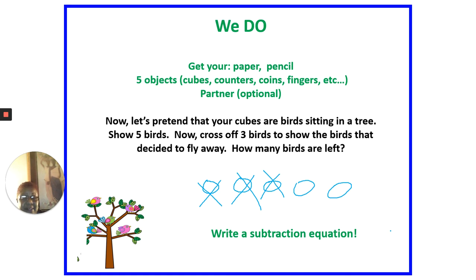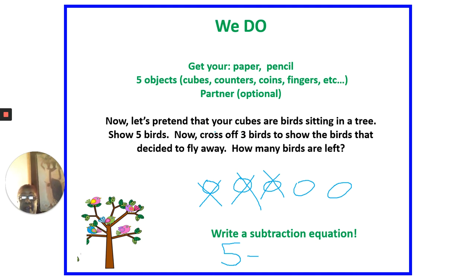Good answer. So 5 is the first number in our equation. What do we do next? We write our takeaway number. Good answer. You are so smart.